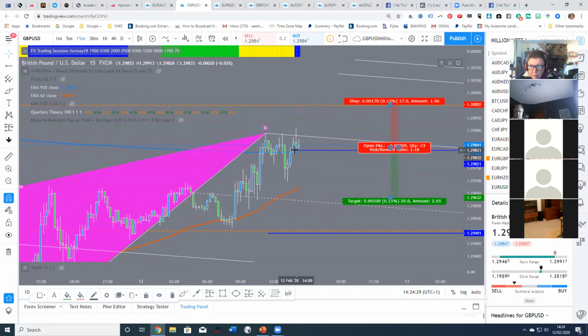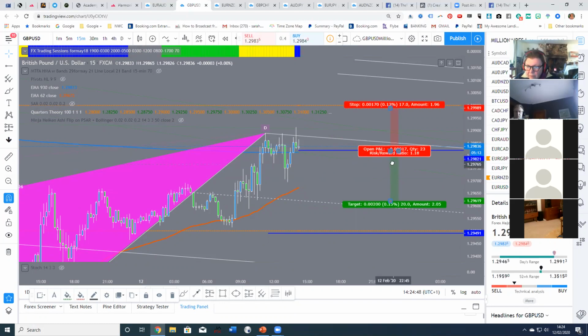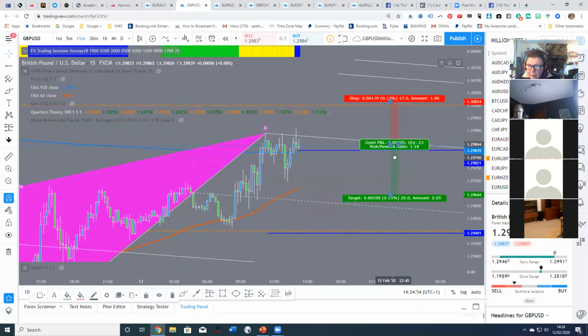And what we're looking for is for this candle to want to push down. You can see on the 15-minute that the 62 is still coming up. And really you want price to be coming down below that. Let me just look at that entry again, 821.9. So it's quite high up there.